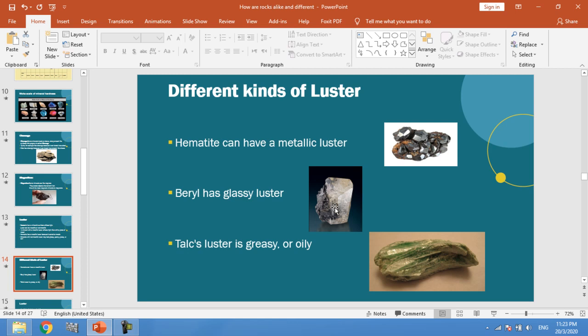But talc has a greasy or oily luster. What is the waxy or greasy or oily luster? It looks and feels like a piece of wax or a candle. Do you know the touch of a candle? Talc has a greasy luster which looks like a candle or wax.